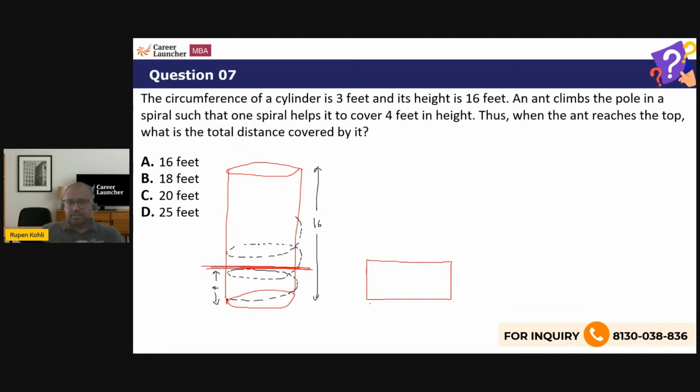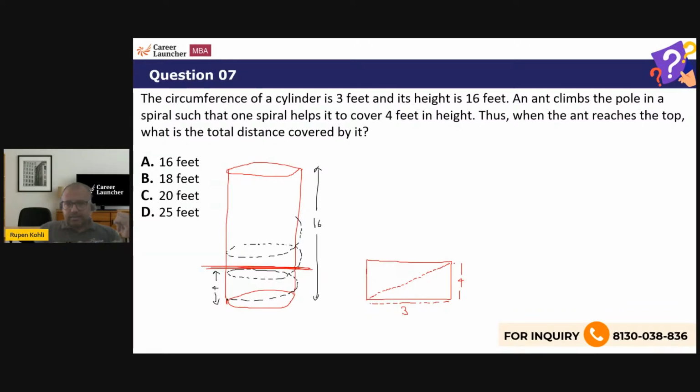So imagine this was the circumference of the base, 3 feet. This is the height of 4. And I hope you can imagine that the path of the ant would basically be the diagonal of this opened rectangle.